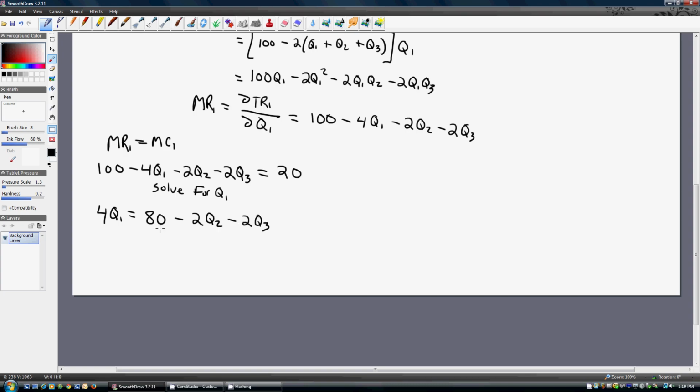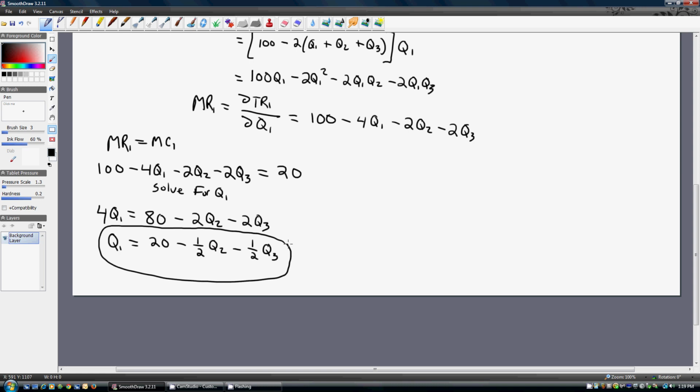Okay, simplifying a few things here, and then isolating firm 1's output. We finally have firm 1's reaction function. So that circled result represents firm 1's reaction function.